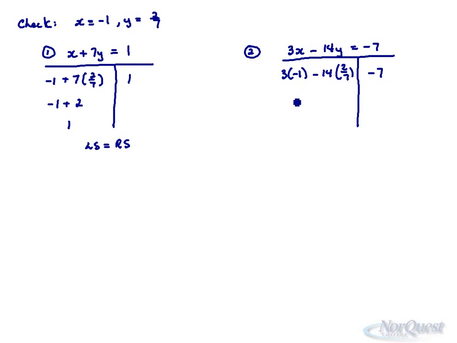Well, 3 times negative 1 is negative 3. 14 times 2 is 28 divided by 7. So we end up with minus 4. Negative 3 minus 4, negative 7 equals negative 7. Now we know the solution is x equals negative 1, y equals 2/7.